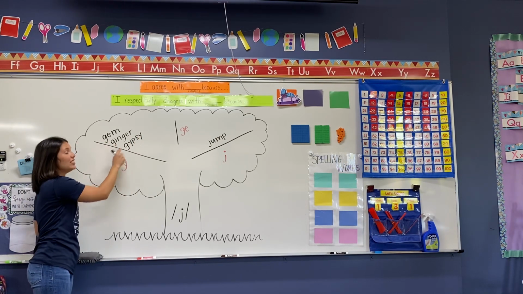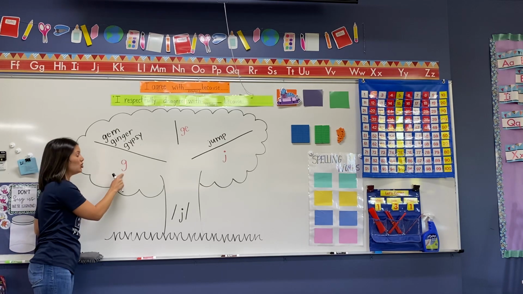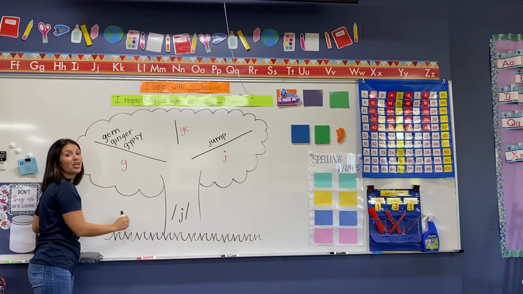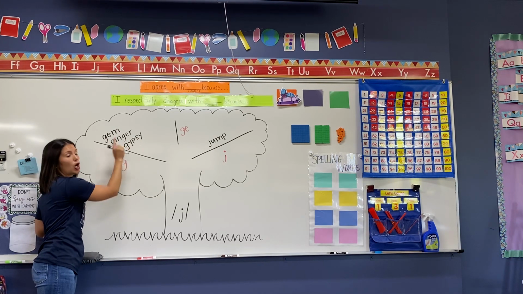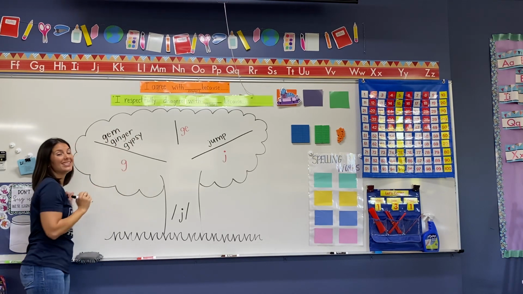Although all these start with the letter G, it has the J sound. Gem, ginger, gypsy.